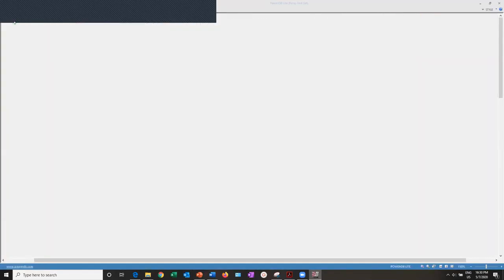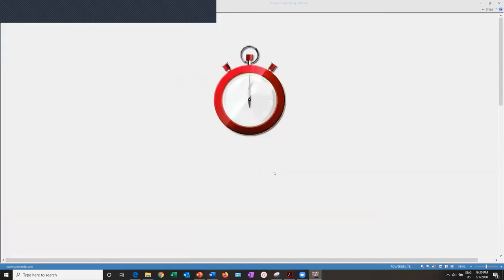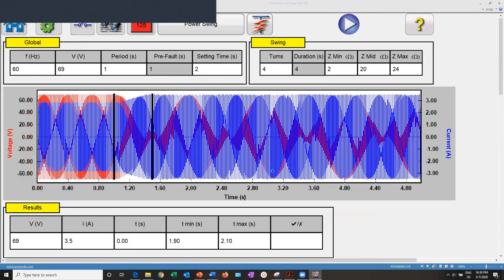Okay, yes, we do. And maybe Abel can just follow along with me. The first one is we've got a dedicated power swing module in the software where you can perform the power swing test. And then of course we've got the manual power swing that you can use.